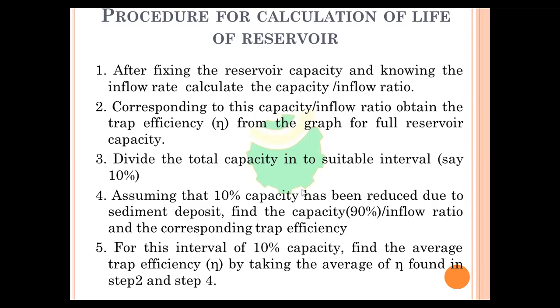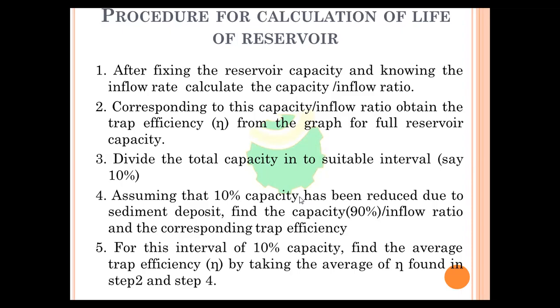Okay. Next, assume that 10% of capacity has been reduced due to sediment deposit. Find the capacity by inflow ratio at 90% and the corresponding trap efficiency. That means in the first two steps, we calculated the capacity inflow ratio and trap efficiency for the full capacity of the reservoir, that means 100 TMC.